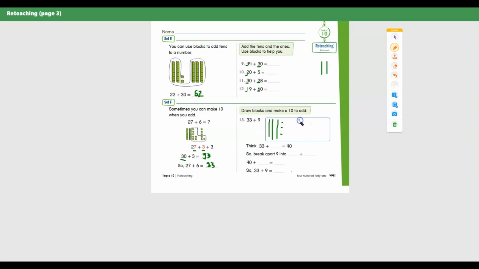Then draw 9 1s. Then it wants you to think: 33 plus what number would equal 40?